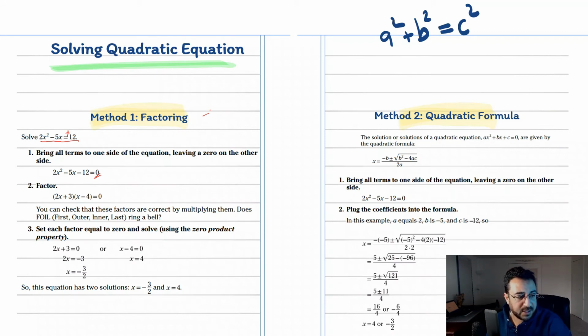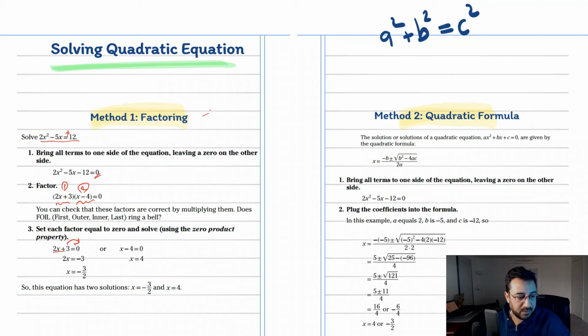Now, we are saying that 2x squared minus 5x minus 12 is the outcome of multiplying the two factors, 2x plus 3 by x minus 4. In this case, you take each one of them on its own and find the solution for the variable. So for 2x plus 3, move the 3 to the other side of the equation.